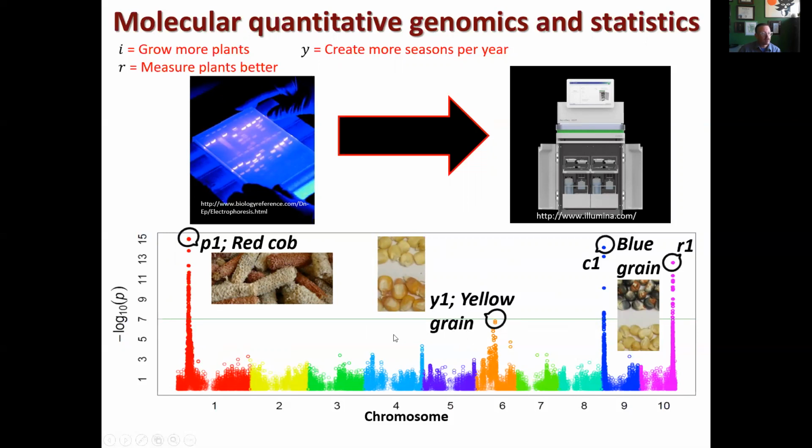So that's the whole point of QTL linkage mapping or GWAS: to associate genetic markers with a phenotype to identify the location of where genetic diversity controlling that trait resides.